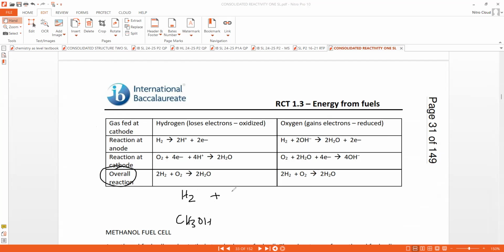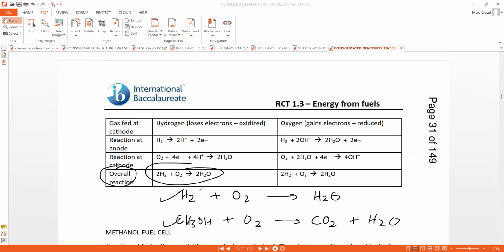Like hydrogen burns, it reacts with oxygen. Methanol burns, it reacts with oxygen. Hydrogen burns to give water. Methanol burns to give carbon dioxide and water. So overall, the total of the anode and cathode reactions should be this and this. So you can see that the overall reaction is the same.